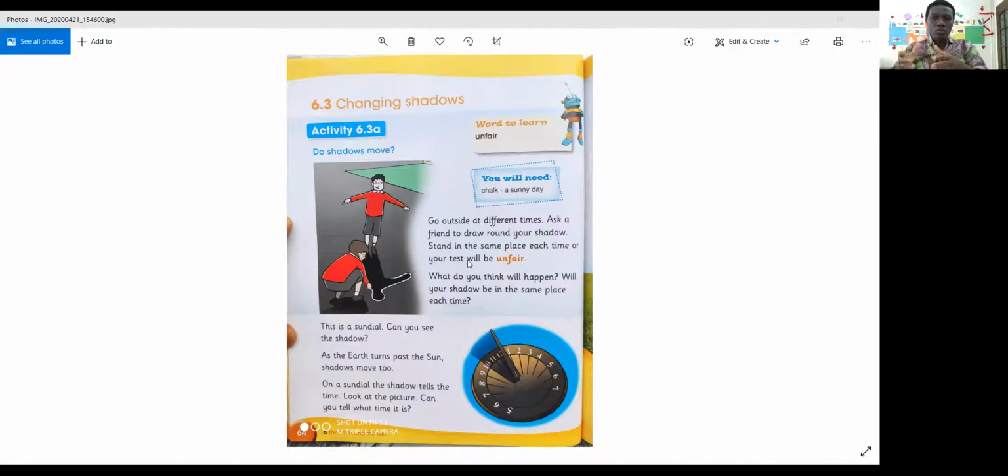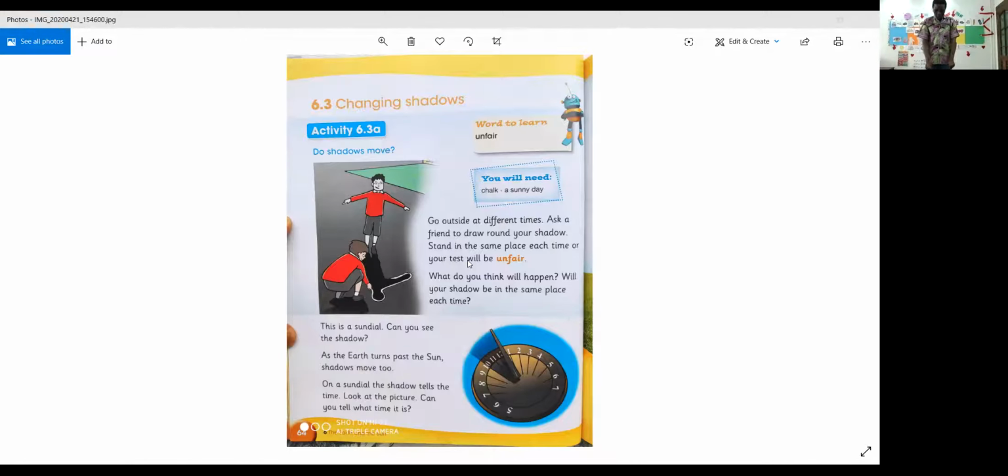In my video you saw the tree doesn't move, it is always at the same position. So if you stand like me standing here at 8, when I come at 10 I should stand at the same position. I shouldn't move, or be here or be there. No, I should stand at the very same position.